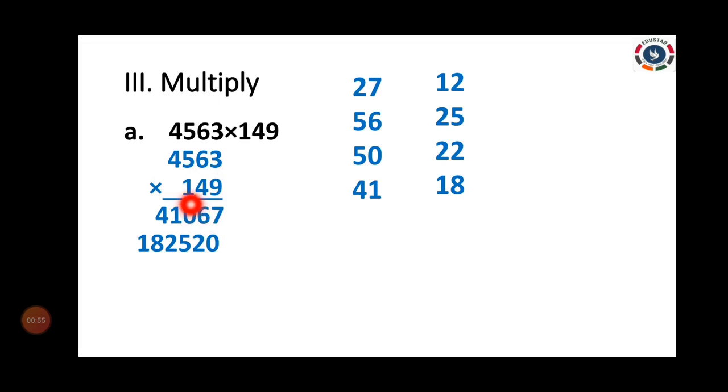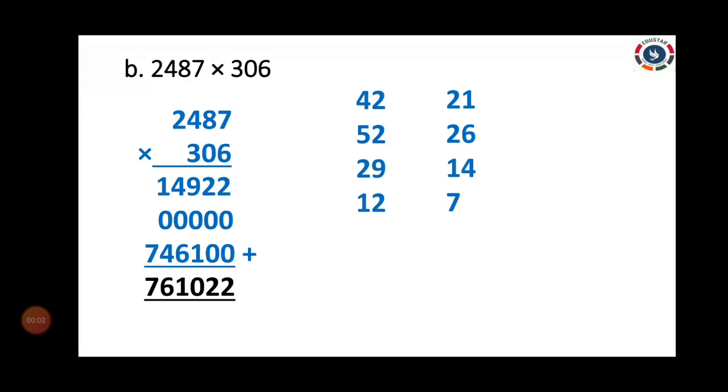So we are multiplying the place value of 100, so we have to write the last two zeros. Then what you get finally? 4,56,300. Then we want to add the three values. We will get finally 6,79,887.